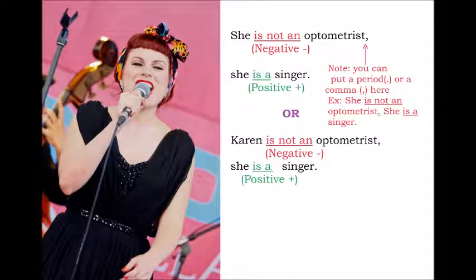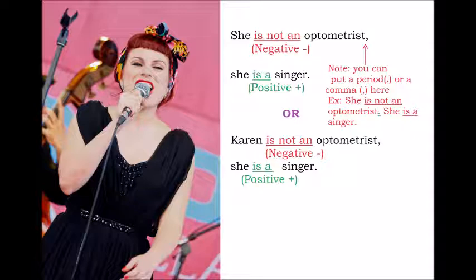Now let's see how we turn that sentence into the negative form. She is not an optometrist. She is a singer. Notice how, again, in order to make it negative for the she, we have to add the correct form of to be, which is "is."